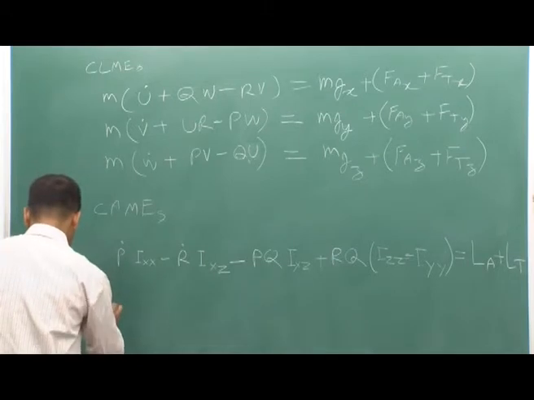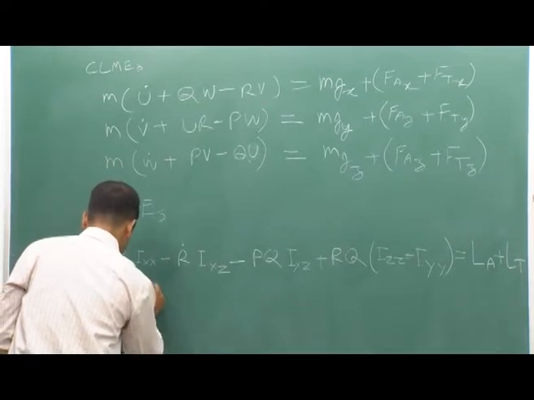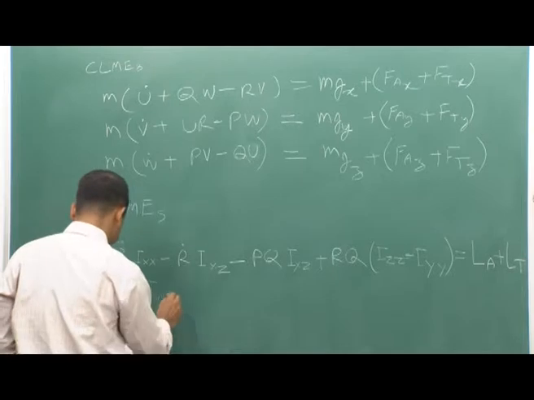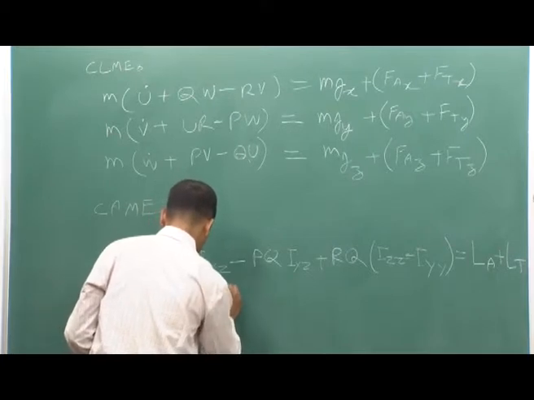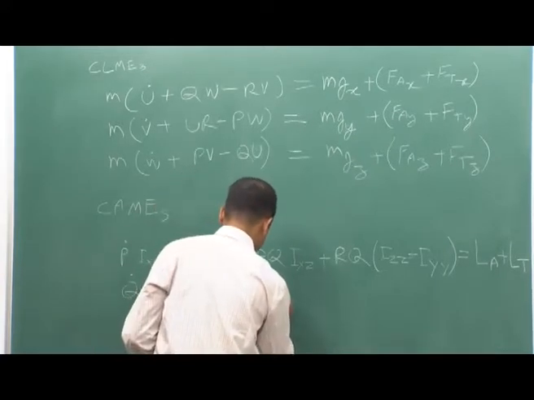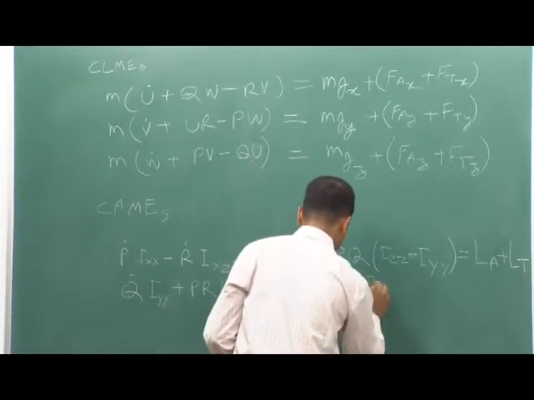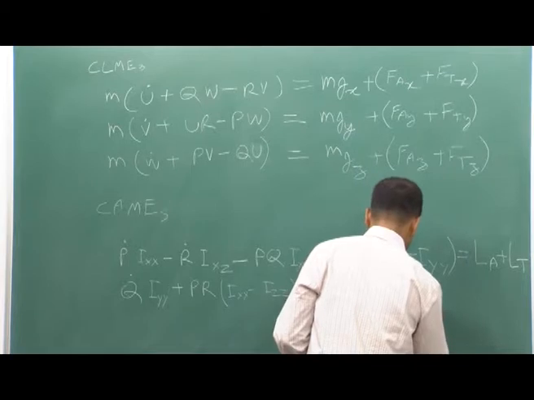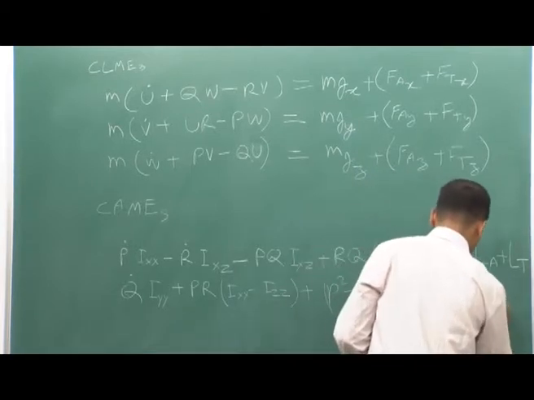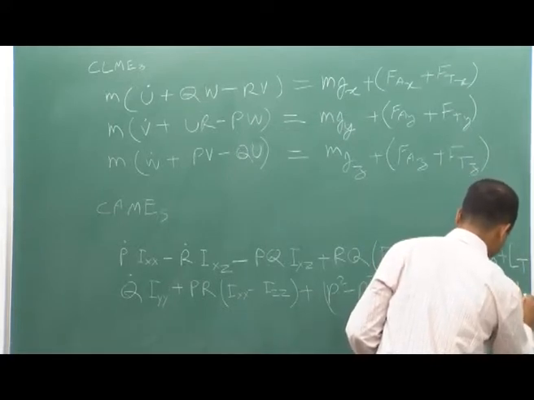The second equation, q dot I y y plus p r I x x minus I z z plus p square minus r square I x z is equal to aerodynamic plus thrust moment.